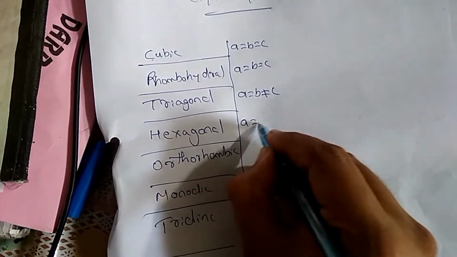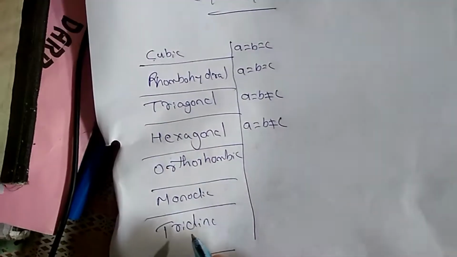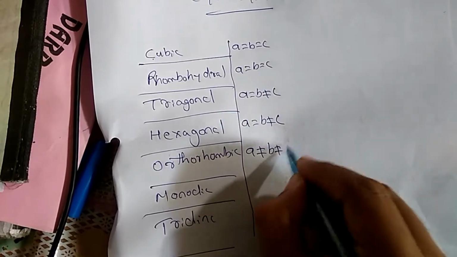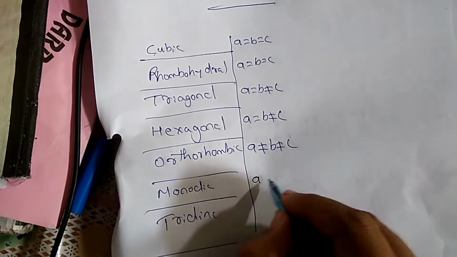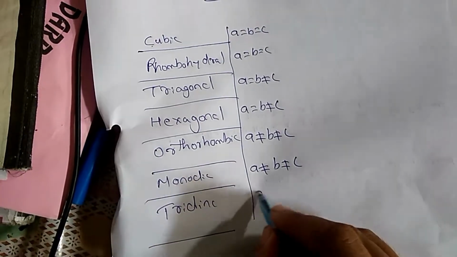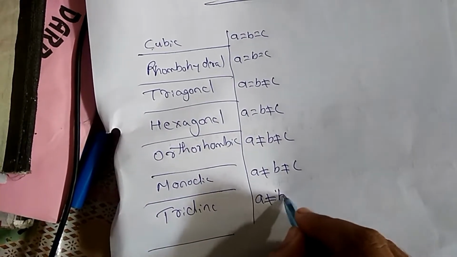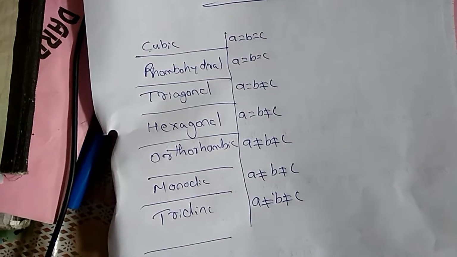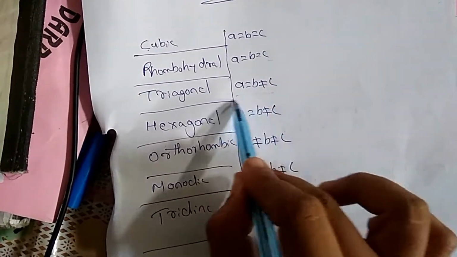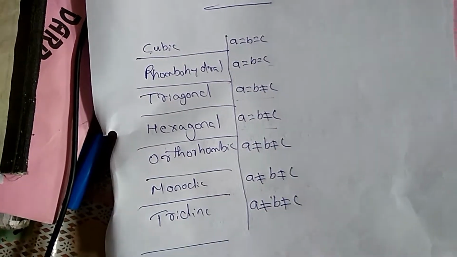Again hexagonal, a equal to b not equal to c. Orthorhombic, a not equal to b not equal to c. Monoclinic, a not equal to b not equal to c. And triclinic also a not equal to b not equal to c. There is an order: first all are equal, then one side is not equal, then all the sides are not equal.